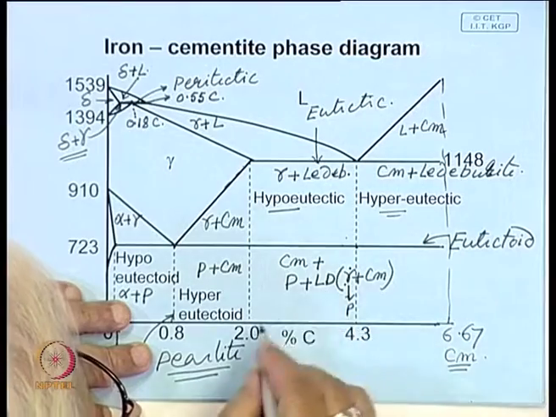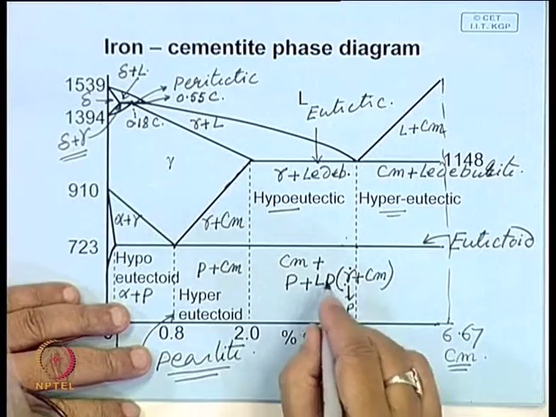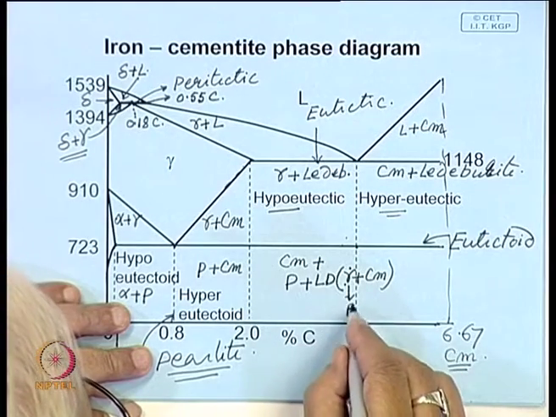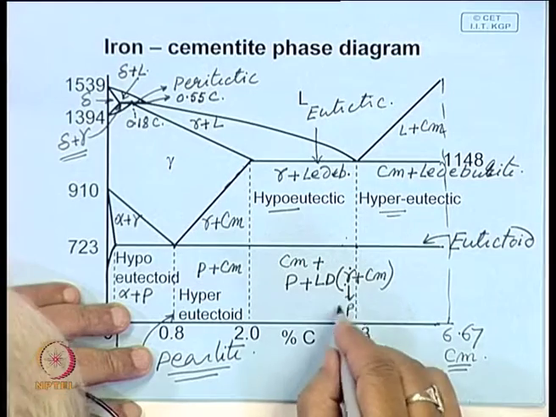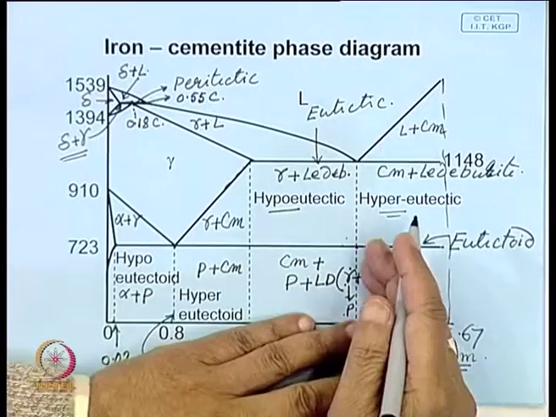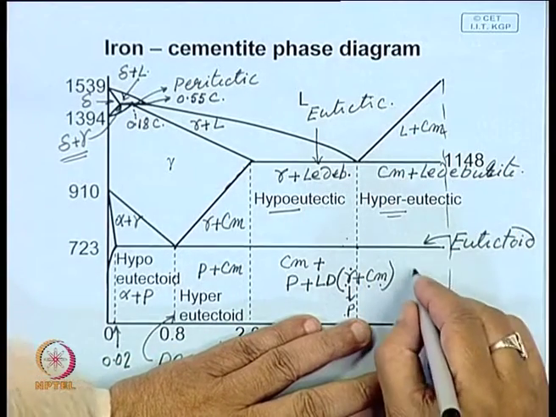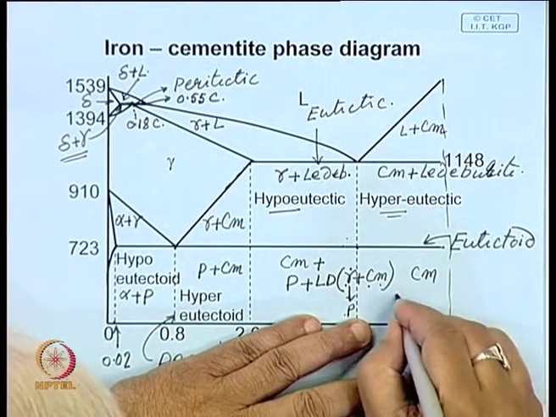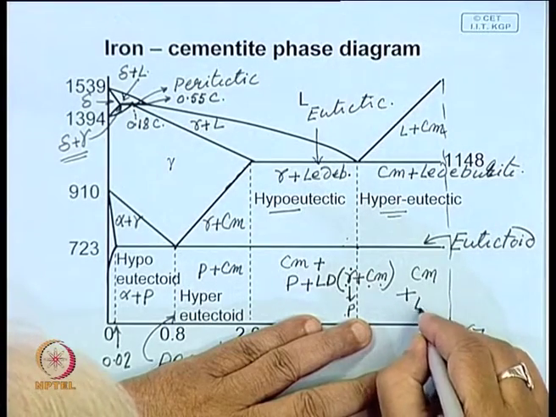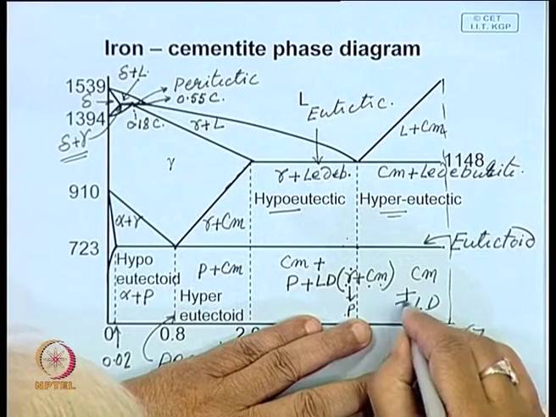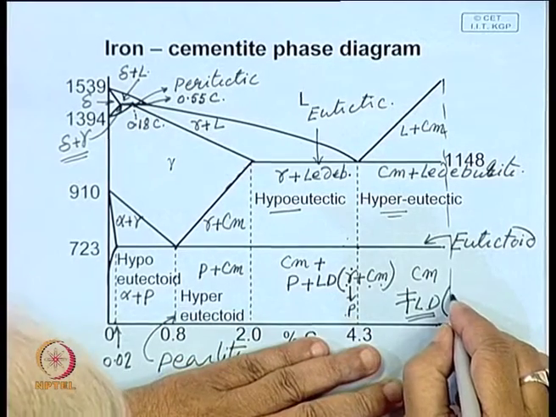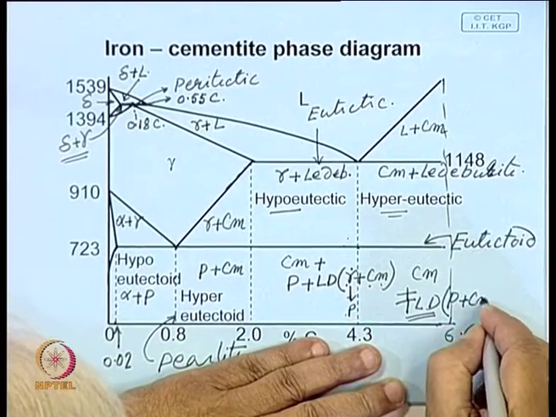So, what you have at room temperature is called transformed ledeburite, which will be made up of a relatively intimate mixture of pearlite and cementite. Similarly, on this side you will have cementite, and then you will have transformed ledeburite, which will be made up of pearlite plus cementite.